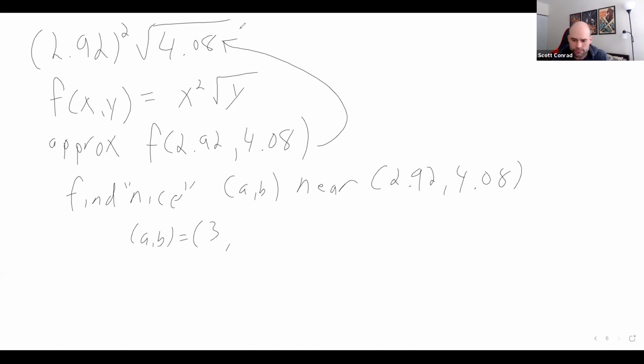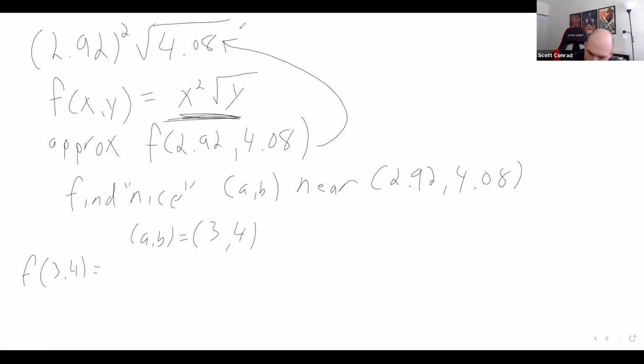Square root of 4 is easy. So let's use the point 3, 4. Does everyone understand the reasoning there? That's important. We're going to linearize this function at the point 3, 4 because we know the value of the function there and it's easy to deal with.